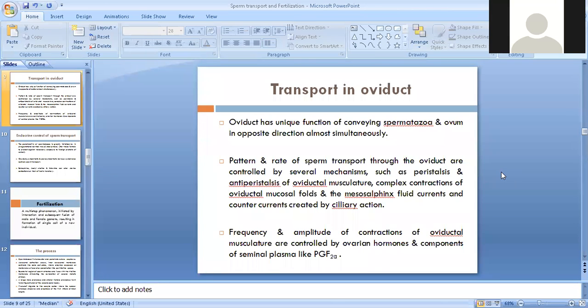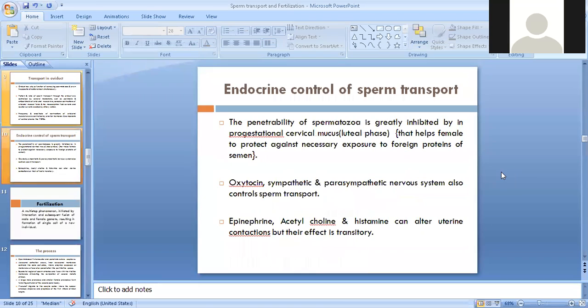The frequency and amplitude of these contractions of the oviduct are controlled by ovarian hormones and also by PGF2 alpha, which controls the contractile movements of the oviductal musculature. So there is an endocrine control of sperm transport as well, through the hormones present in the female genitalia.